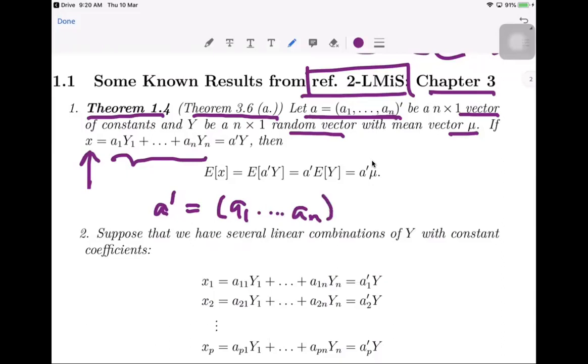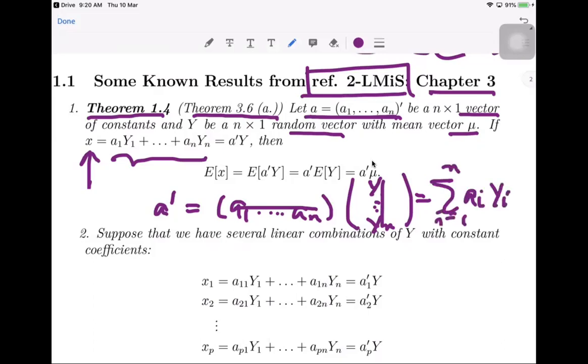Your a is a column vector, so if you take the prime it becomes a row vector times your column vector y. So a prime y is the sum of a i y i, i from 1 to n.